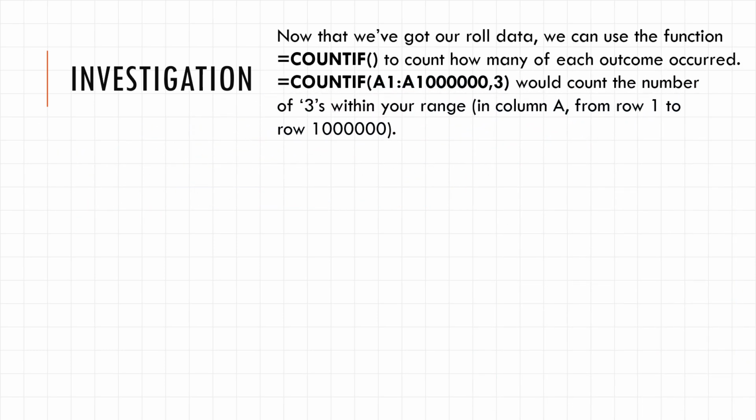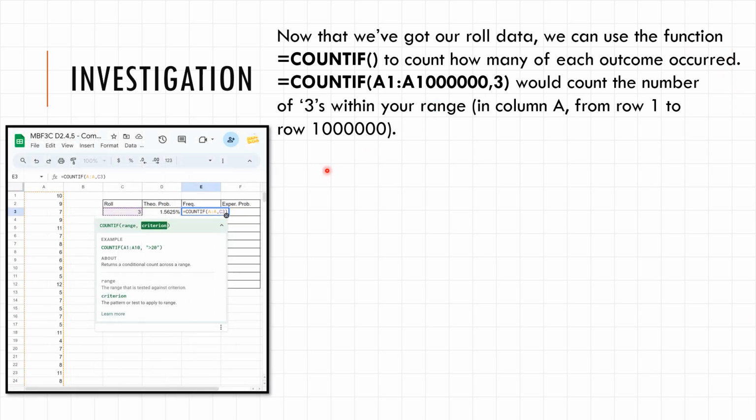So this is what my spreadsheet will end up actually looking like. Here I've got all of my roll data from A1 to A1 million. And then I've got a formula in here, and notice my formula is slightly different, and I'm going to show you why that is.